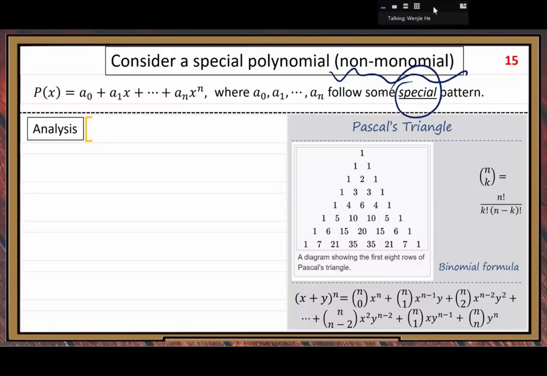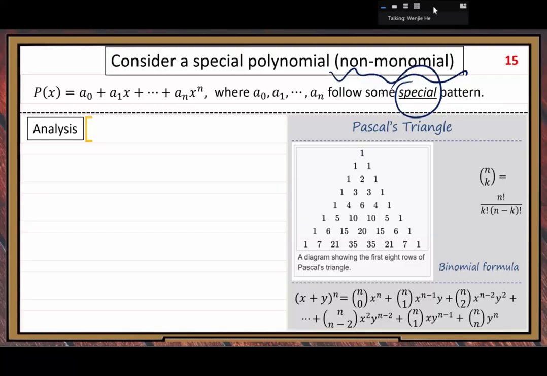So given n balls, you need to pick k of them. How many ways are there to pick k different balls from n balls? The answer is this formula.